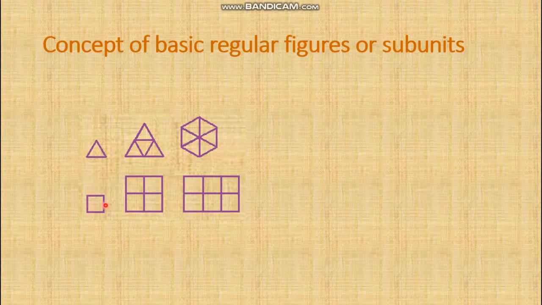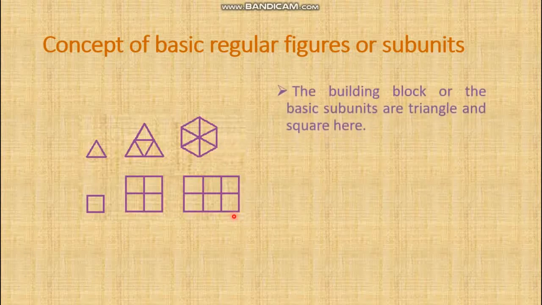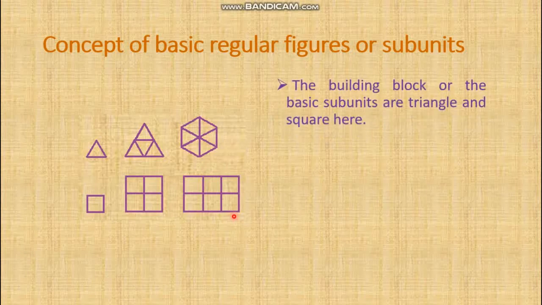Now look at the square. With the square you can make a big square, or you can make a rectangle also. Okay, so the building block or the basic subunit, this is the building block, the equilateral triangle. This is the building block, the square. This is also known as the basic subunit. Okay, so these 2 are the building blocks.